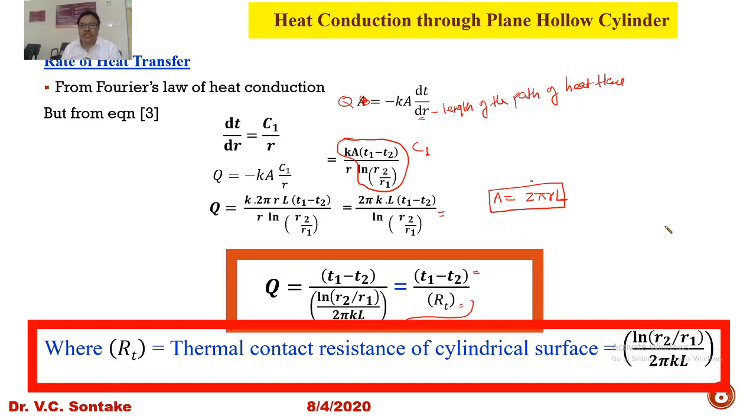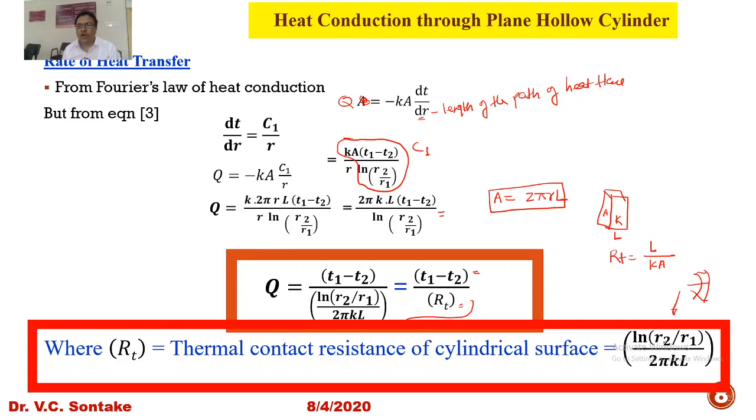We have also seen in case of plane wall having its thickness L, thermal conductivity K, and area A normal to heat flow, how much thermal resistance it is going to offer? L over KA. So similarly, instead of plane wall, if this is a cylindrical wall, how much thermal resistance the material of this cylindrical surface is going to offer?